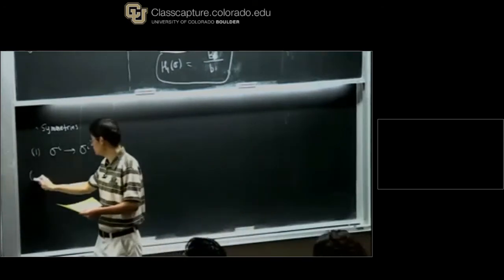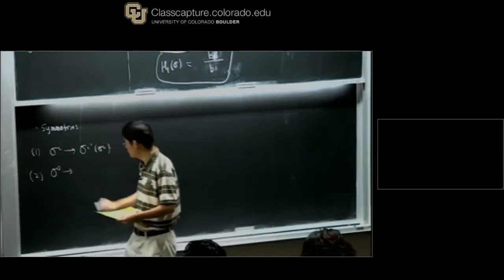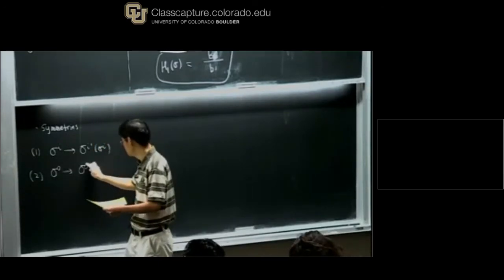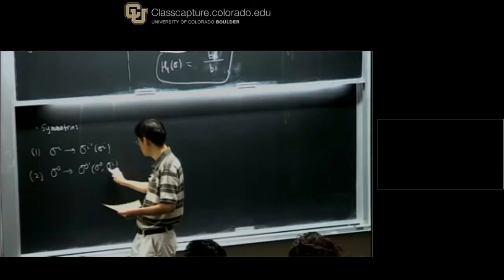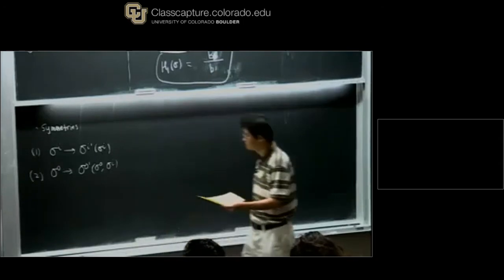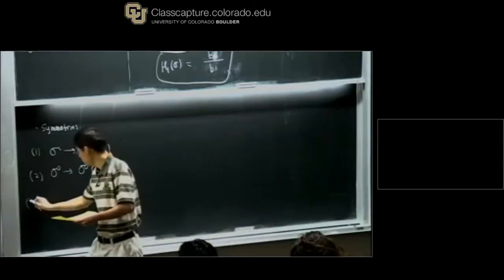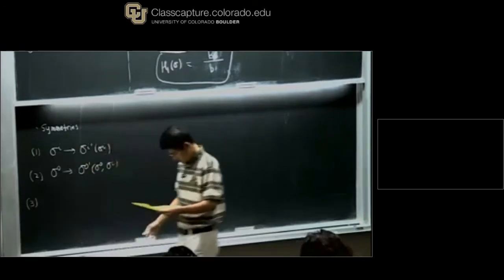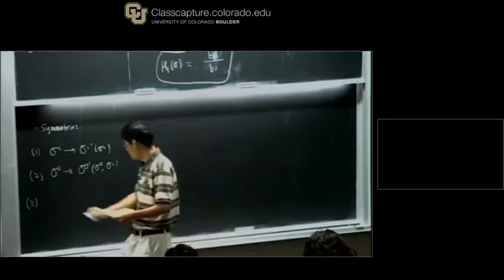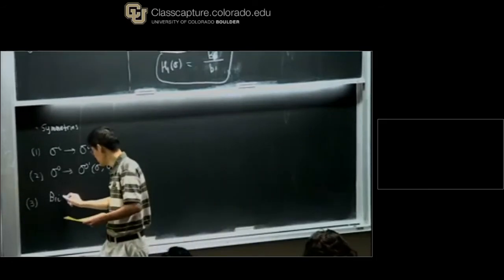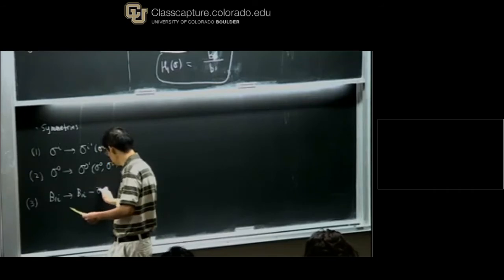And the second condition is that I require the theory to be invariant under arbitrary reparameterization of sigma 0, which can now depend on sigma I. And the third one concerns the B field: the B should be invariant under diagonal spatial gauge transformations.